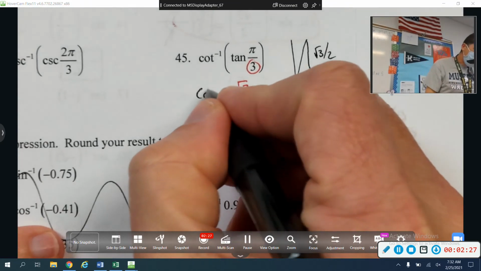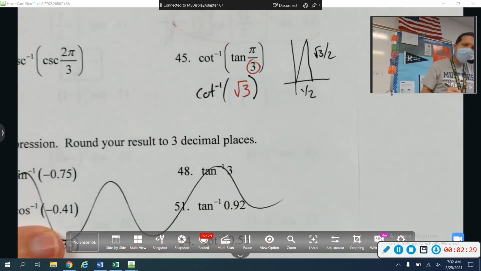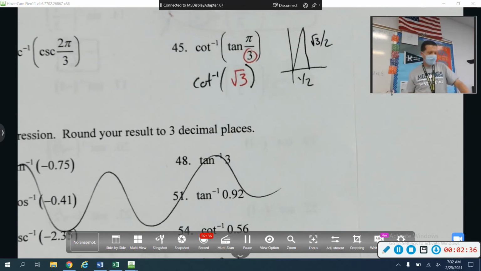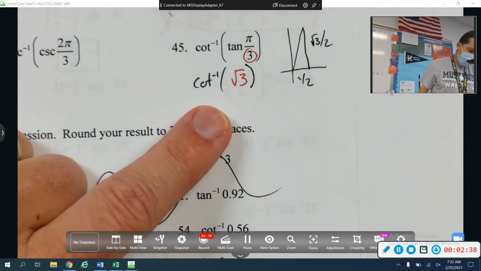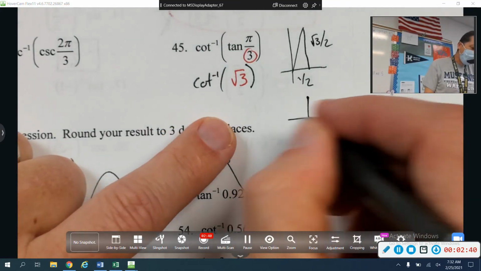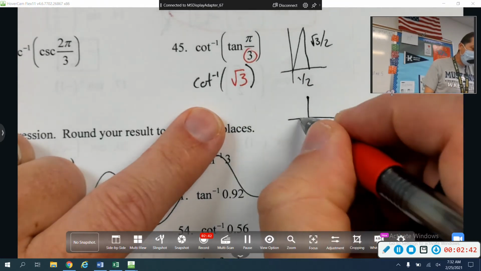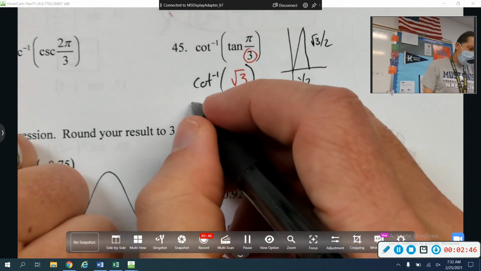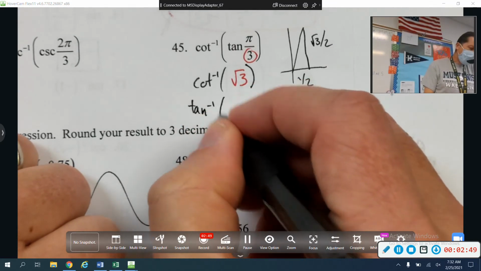But then we need the inverse cotangent of square root of 3. Well, messing with tangents is tricky enough. I really don't want to mess with cotangent. So let's switch that. Actually, before we switch that, let's remind ourselves that inverse cotangent has to come from 1 or 2. So inverse tangent.